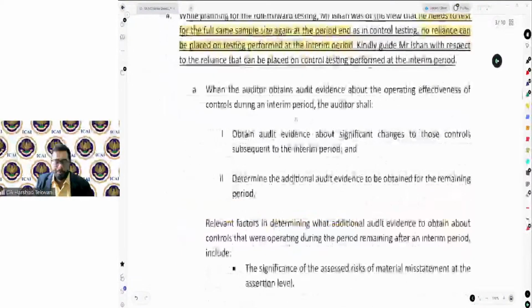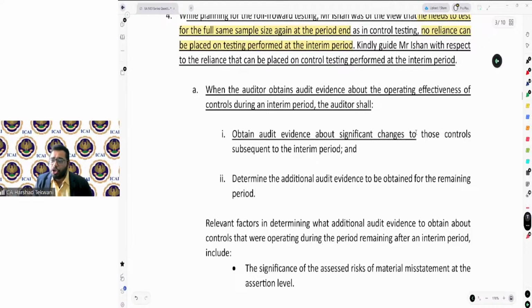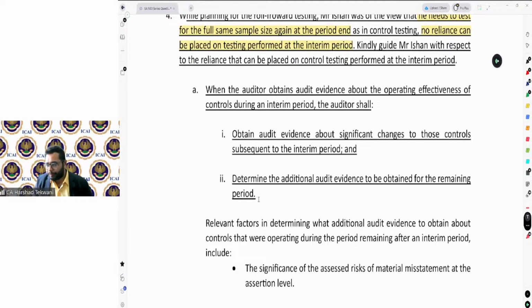Okay. So when auditor is obtaining evidence about the operating effectiveness of controls during an interim period, the auditor shall obtain evidence about significant changes to those controls subsequent to the interim period. Number 2, he needs to determine the additional audit evidence needed to be obtained for the remaining period.